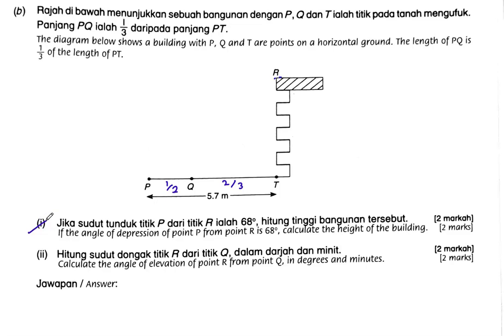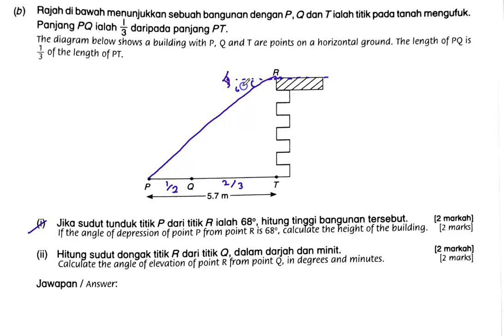The angle of depression of point P from R. You have to set the meniscus line here, aligned with your R, and then draw to point P, okay? The angle of depression of P from R is 68 degrees.